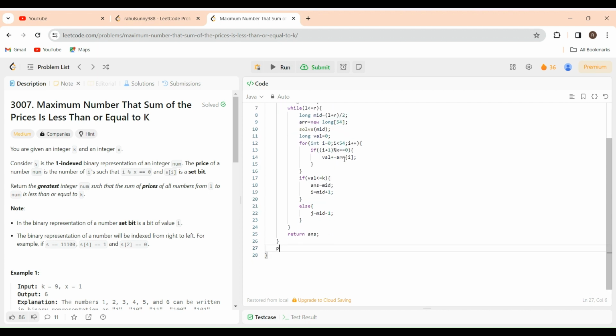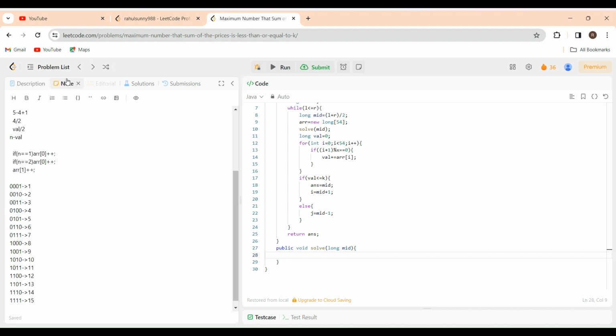So public void, and remember this is a recursive solution here. Long mid, right? Let us consider long mid. And as I said, we have to consider base cases, right? We will be considering these base cases.